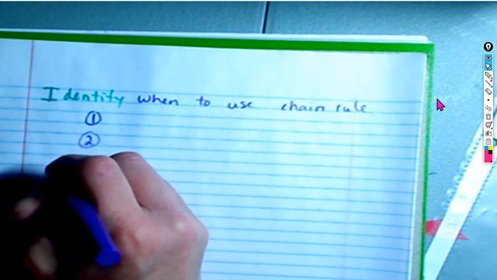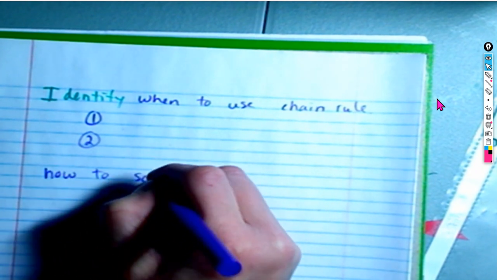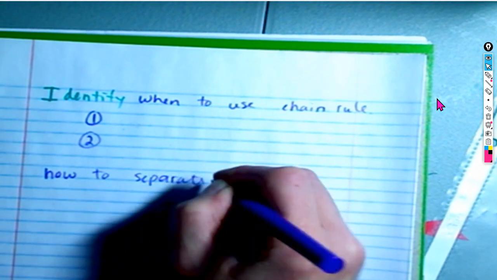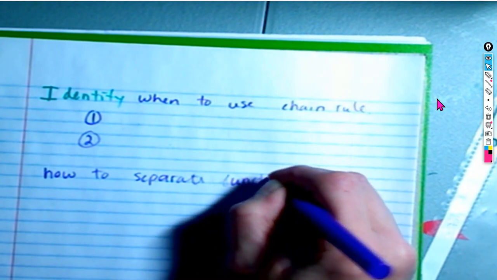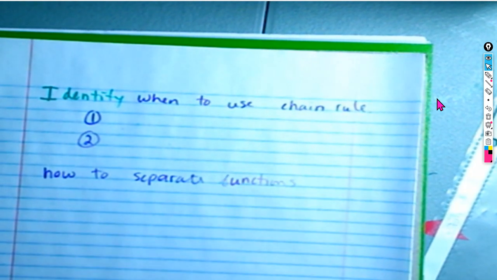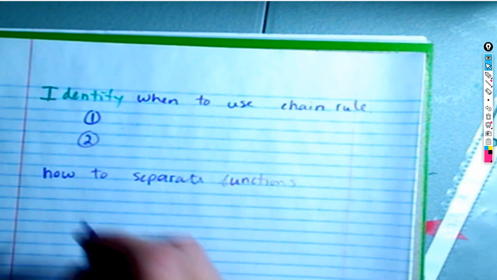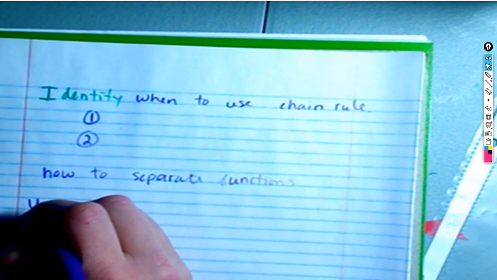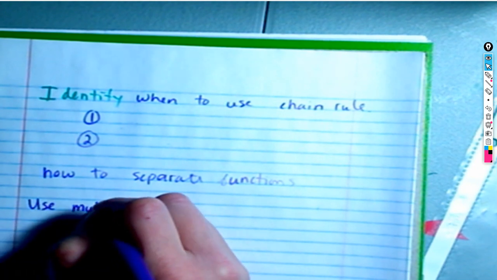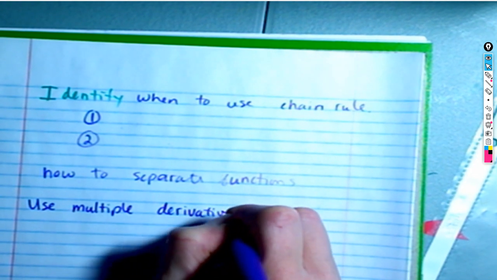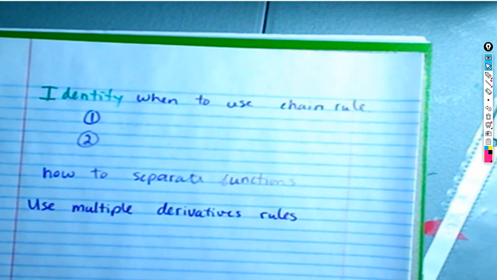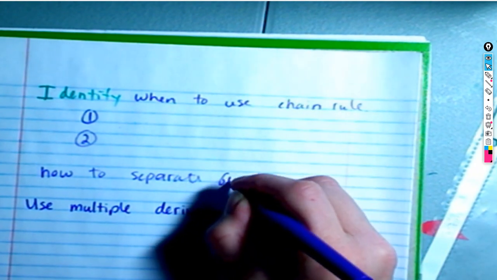How to separate the functions in order to use the chain rule. And to be able to use multiple derivative rules successfully.